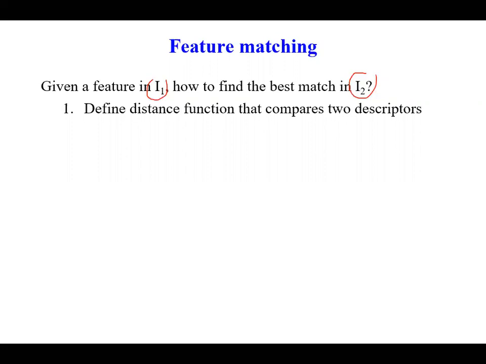Or I might do a correlation, and the highest value gives me the highest correlation, meaning the highest matching, and I might say that this is matched to the other one. Or maybe I will do something called normalized cross correlation, as we will also cover later today. At the end, I have to build a certain distance function that will measure or compare these two descriptors.